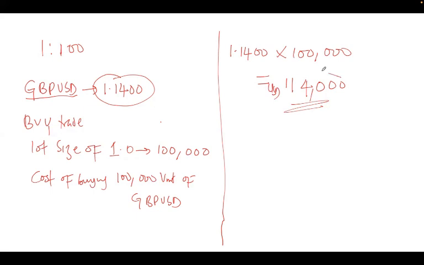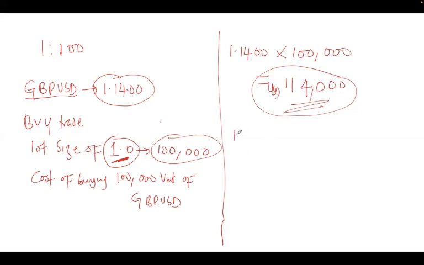This is the total amount of money you need to place this trade, with a 1.0 lot size, meaning you want to buy 100,000 units. But the majority of persons wouldn't be able to afford this 114,000. So that is where leverage comes in.